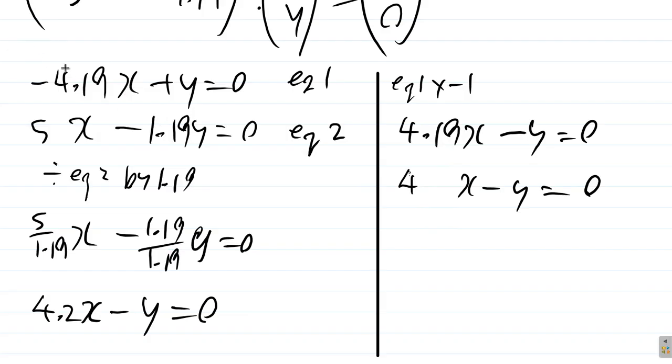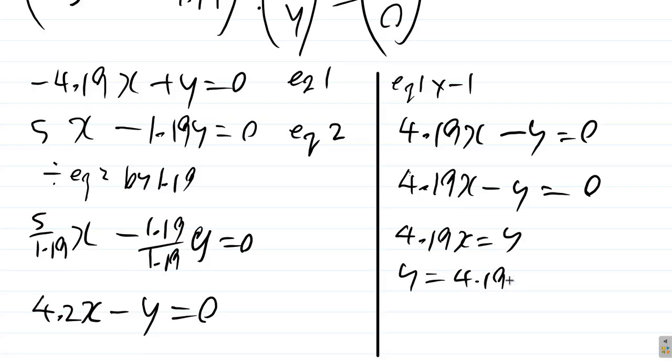Let's call this 4.19 just the same. So you see, they are the same. Both equations, as I expected, are the same. If we add y to both sides, we have 4.19x equals y, so y is equal to 4.19x.